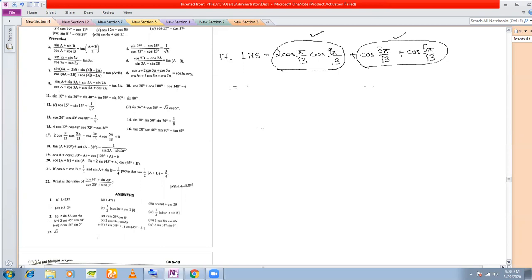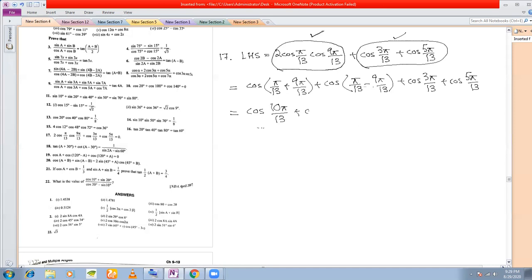The 2 cos A cos B formula, if you recall, it is cos A plus B plus cos A minus B. So we get cos 10 pi by 13 plus cos of minus 8 pi by 13 plus cos 3 pi by 13 plus cos 5 pi by 13. Now see, if you take the LCM here, you get 10 pi by 13, and here you get cos minus 8 pi by 13, and these remain as they are.